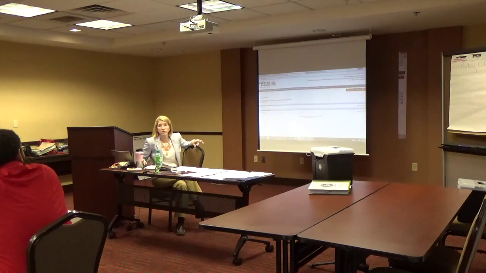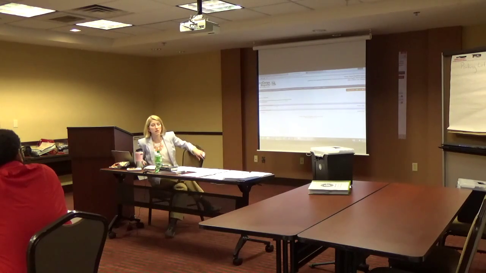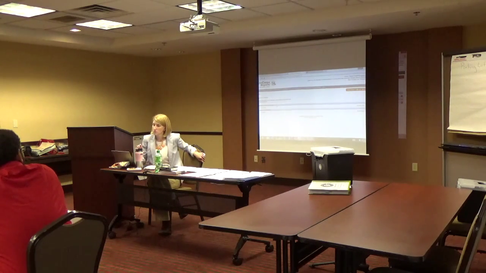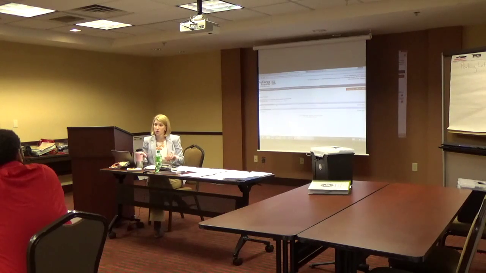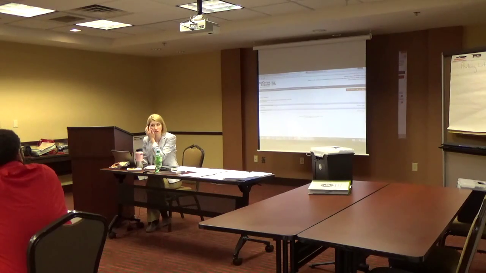I'll set it up where if a member has submitted a timesheet that you need to approve, it'll show on this page. AmeriCorps will also send you an email to whatever email address you have set up in this. I'll set it up with the work email address that I have for each of you, but if you want it to be something different, you can go in and change that.